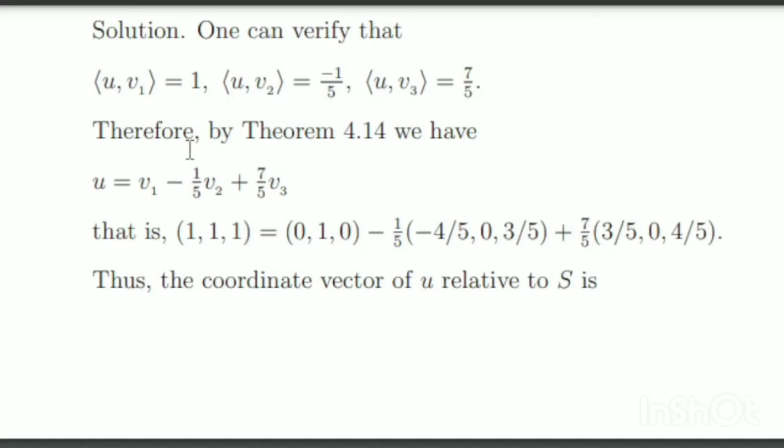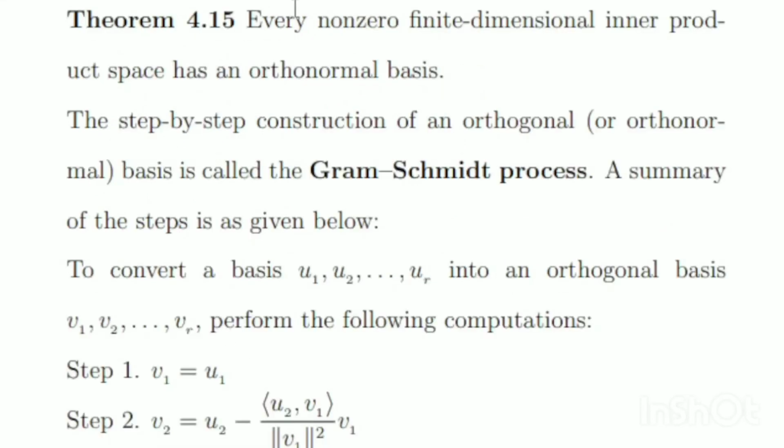So (1, 1, 1) can be written as (0, 1, 0) minus 1/5 into (-4/5, 0, 3/5) plus 7/5 into (3/5, 0, 4/5). So we have that every non-zero finite dimensional inner product space has an orthonormal basis.